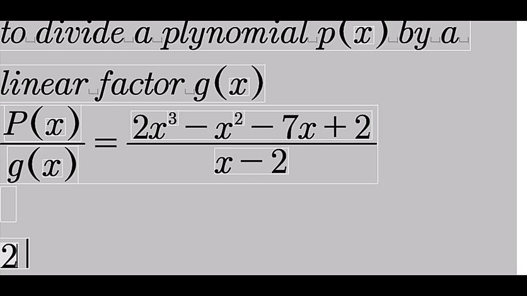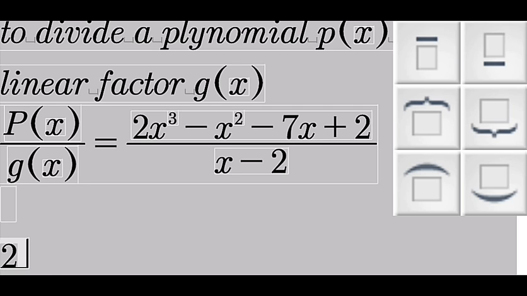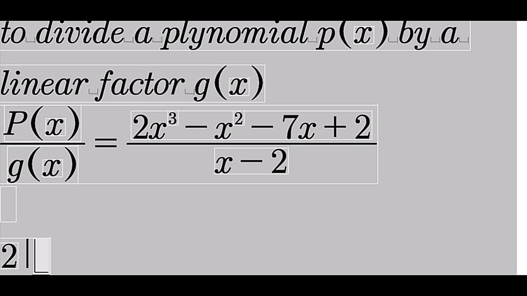Having written that, we draw another line at the bottom. Then we write out the coefficients of p of x, the polynomial, according to the way they are arranged. Suppose any term is missing, you will substitute 0.